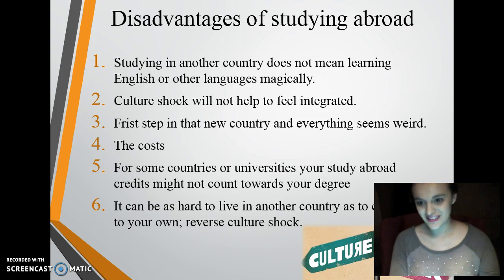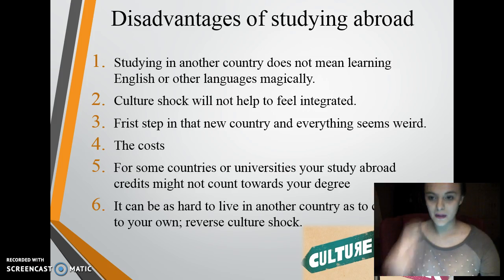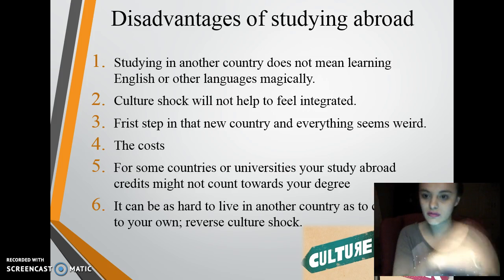The cost. The cost is really important because not all of us have the chances or opportunities to go to an expensive country and just study. But there are scholarships which we can get from our school or other schools.